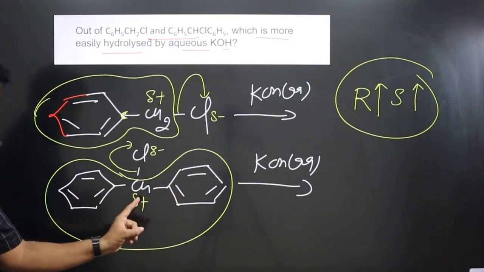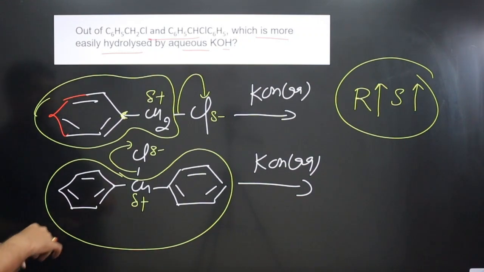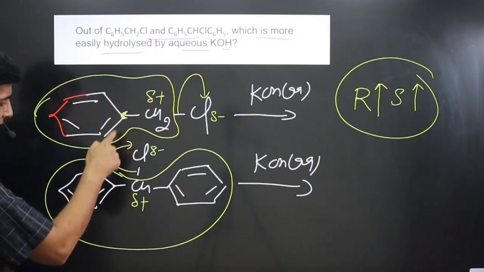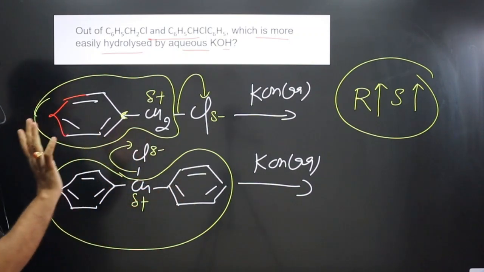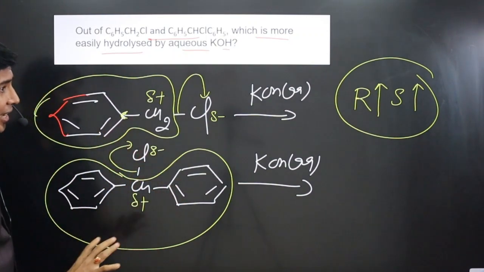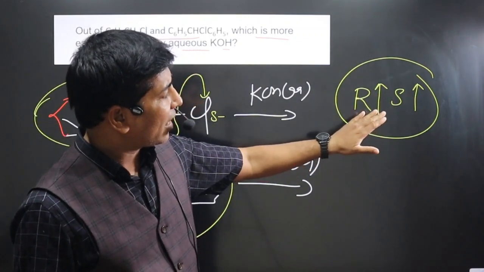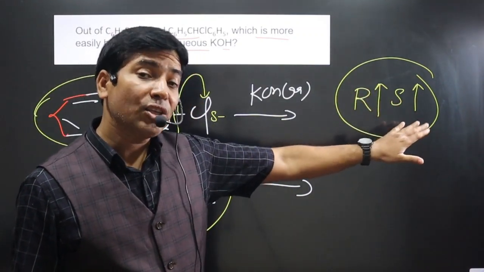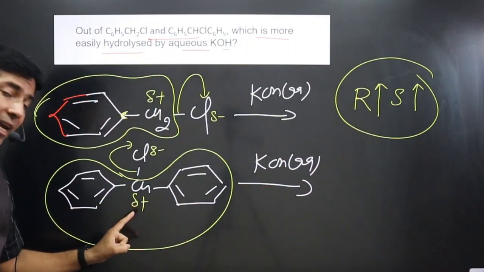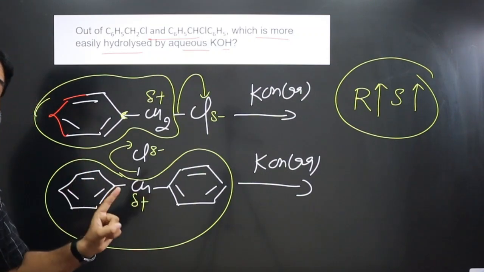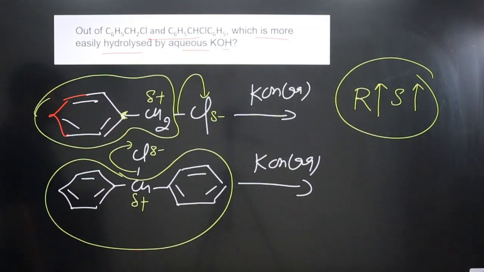In the first case only one benzene ring causes resonance, and here we have two benzene rings causing resonance, so resonance is very high. As we saw, higher the number of resonating structures, higher the resonance, higher is the stability. So in the second compound more resonance is there, that's why it forms the more stable carbocation.